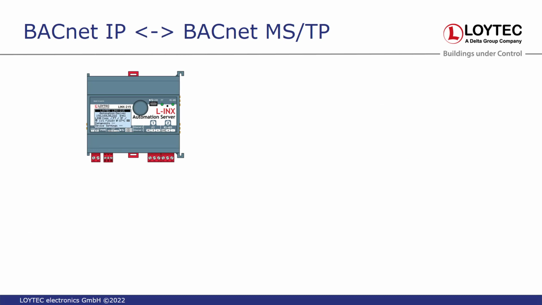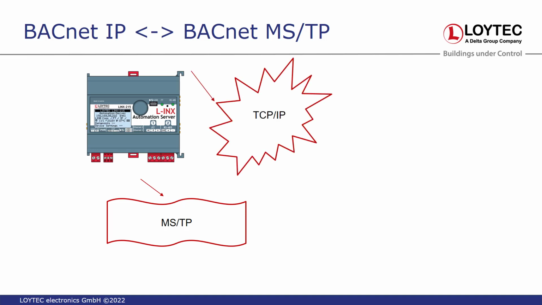Hi, Simon from Race. I have a question regarding this configuration. How would be the best way for this to work? For example, you have a links and you have an MSTP channel working, and then you would have IP BACnet simultaneously working.